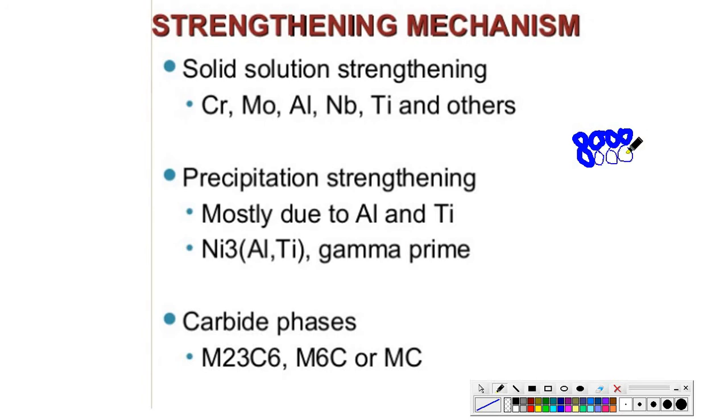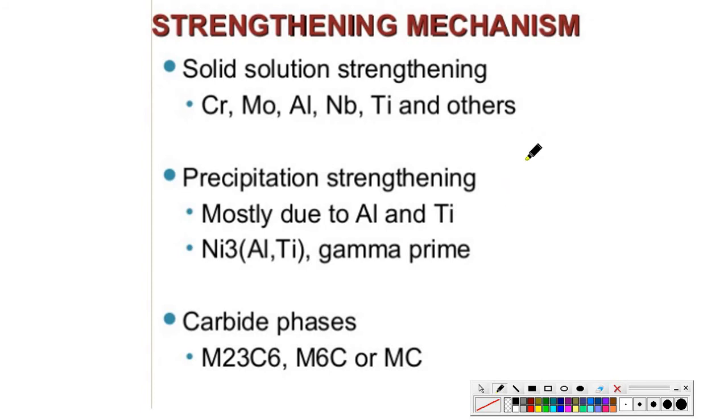And when we add an impurity atom, this impurity atom either occupies the interstitial position or occupies by substitution. That is a substitutional solid solution or an interstitial solid solution. So by this formation of solid solution, what happens? It hinders or resists the dislocation motion, thereby strength is increased. So that is called solid solution strengthening.